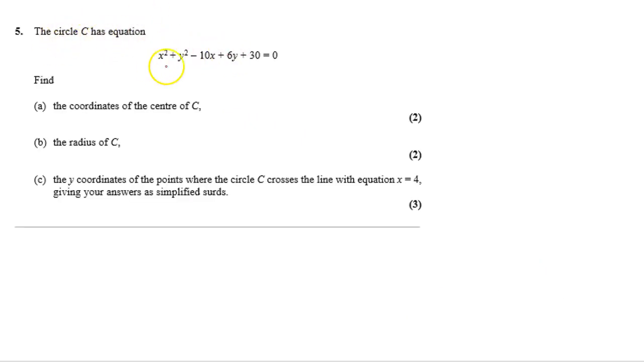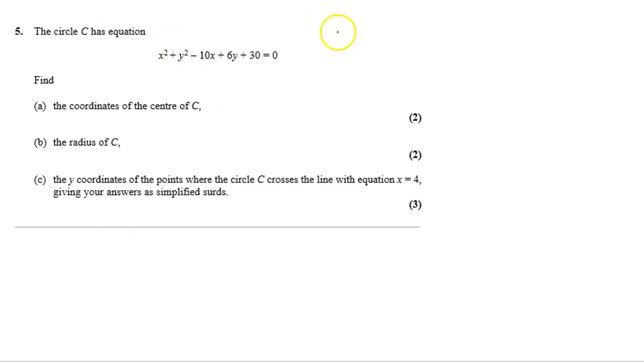The circle C has the equation x square plus y square minus 10x plus 6y plus 30 is equal to 0. Find the coordinate of center C. Whenever we have this equation, try to write it separately with the x variable and with the y variable.